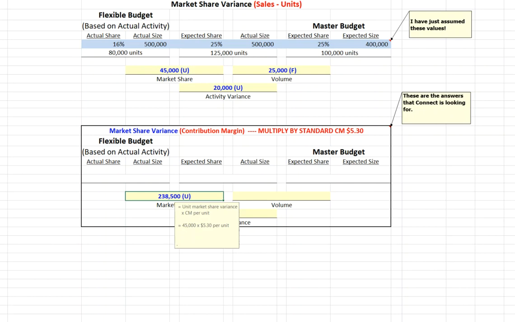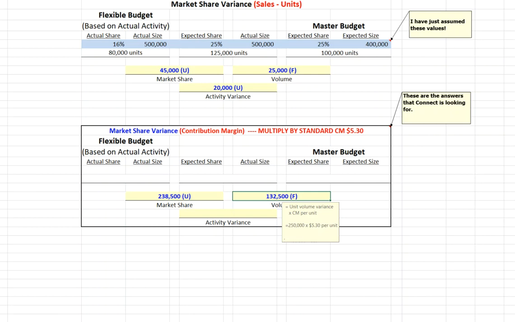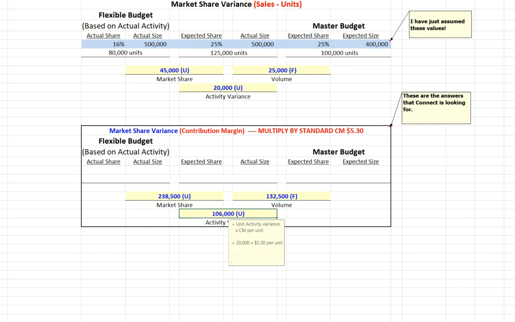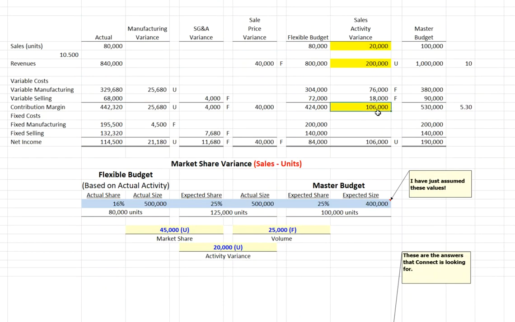So our market share variance would have been 238,500 unfavorable. Our industry volume variance would have been 132,500 favorable. And our combined or overall activity variance was $106,000 unfavorable. And that's what we saw on our sales flexible budget report right here. Let's walk through another problem.